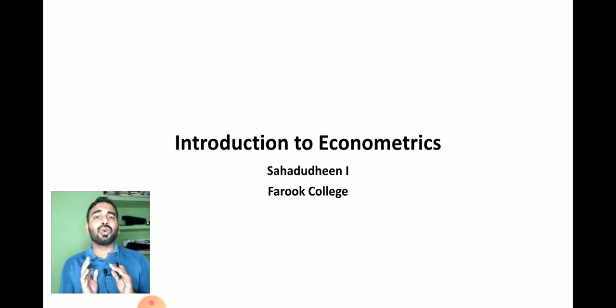It is better to go with Gujarati, Basic Econometrics, because if we don't have that much mathematical knowledge, then it is better to go for basic Gujarati. And there is one more book, that is Econometrics with Examples.